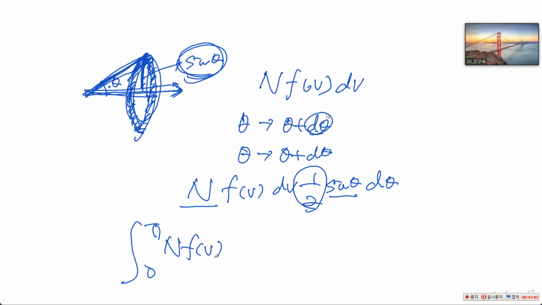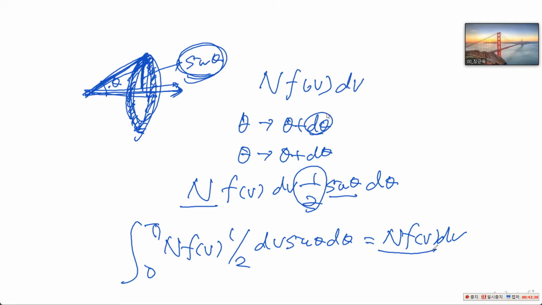If we integrate dv sin theta d theta, then we want to make it N f(v) dv. 이거를 그냥 앞에 뭐 없이 N f(v) dv를 만들어주고 싶어요. 근데 요거 이렇게 접근해 보면 2가 나와서 이렇게 상쇄시켜주기 위해서 2분의 1을 넣은 겁니다. 별게 아니고 그냥 노멀라이즈를 하려고 그렇게 넣은 거예요. 네, 큰 의미 없습니다. Okay.